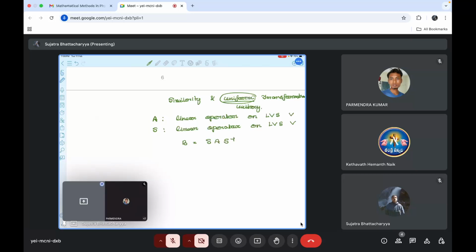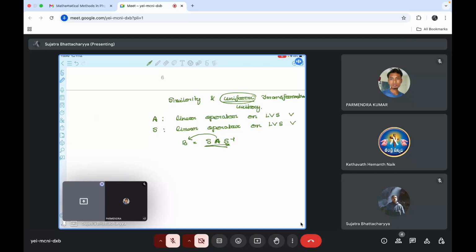So B is some kind of a transformed matrix. A is being transformed to B using S, a linear operator, as this kind of a transformation.